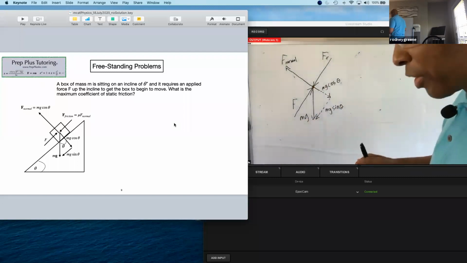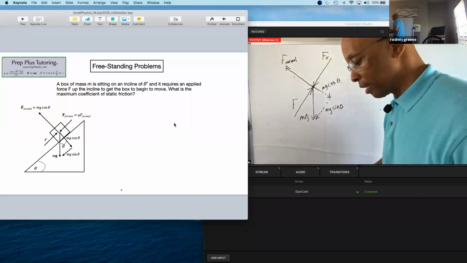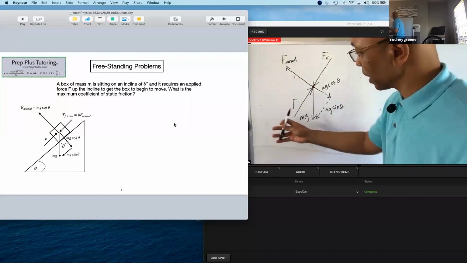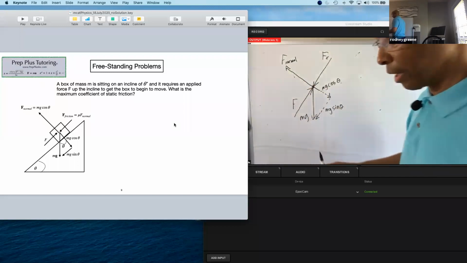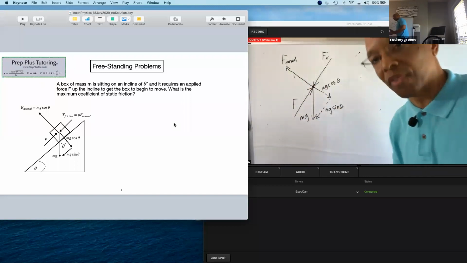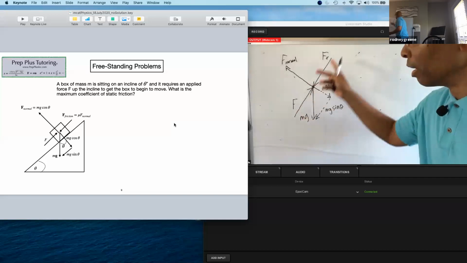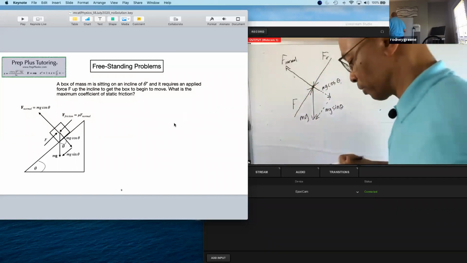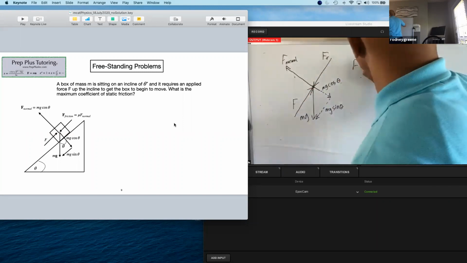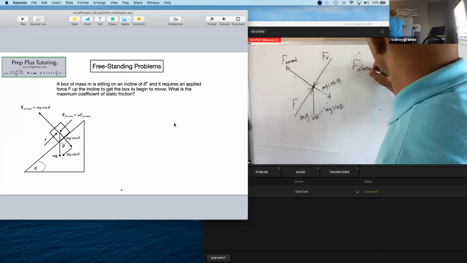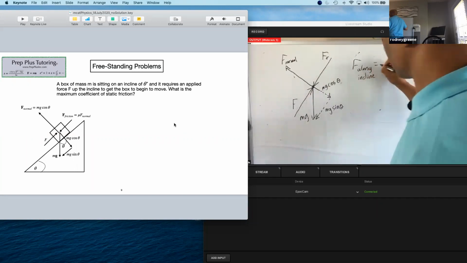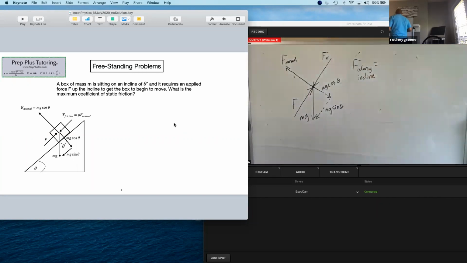So the question talks about the force F applied along the incline. Okay, so let's write a force vector along the incline, a force equation. So the force along the incline is the external force that's applied.